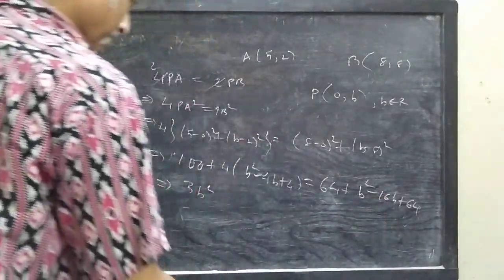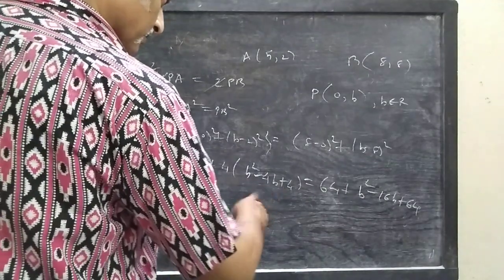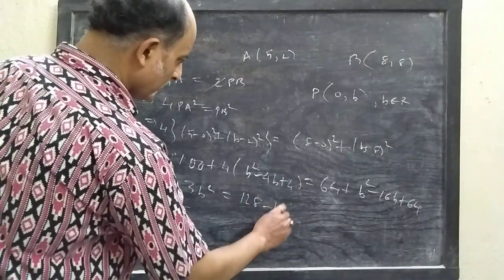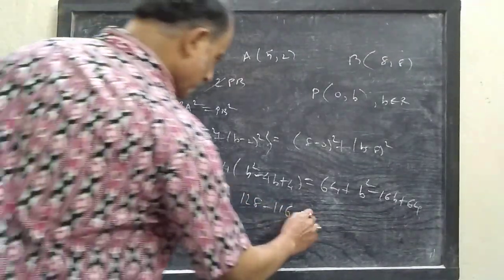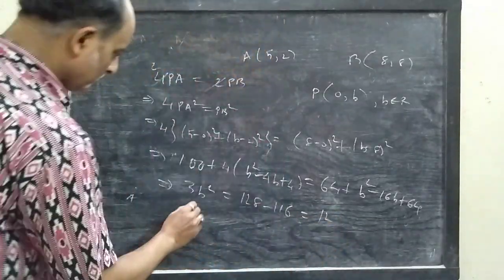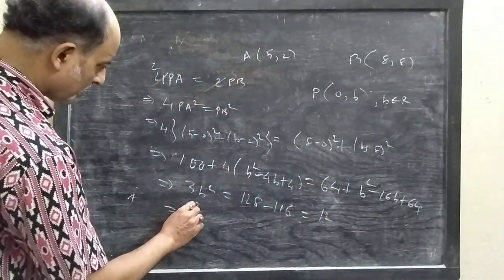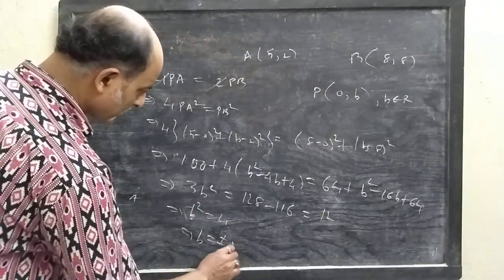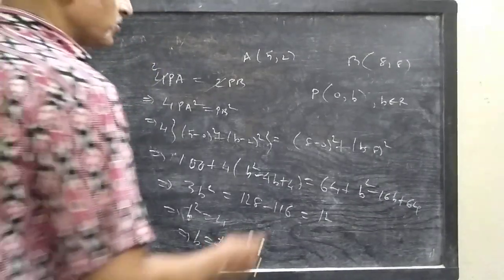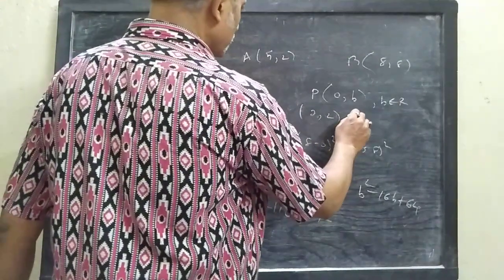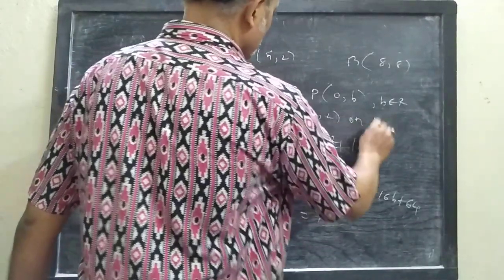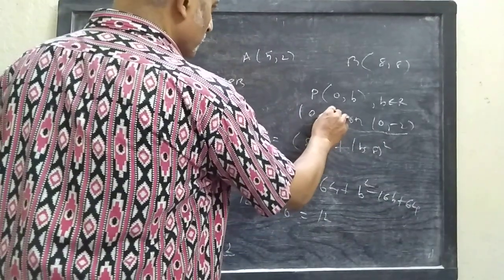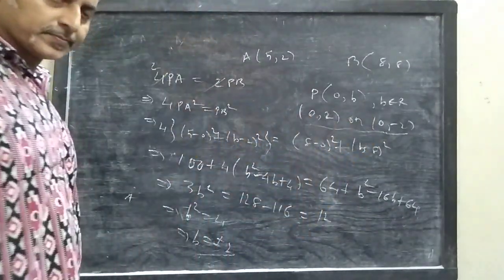They cancel each other. 116, shift it to the other side. 128 minus 116 ultimately becomes 12. So b square becomes 4. So b becomes plus minus 2. So your required points are 0, 2 or 0, minus 2. These are the possible points. One is 0, 2, another is 0, minus 2. Okay.